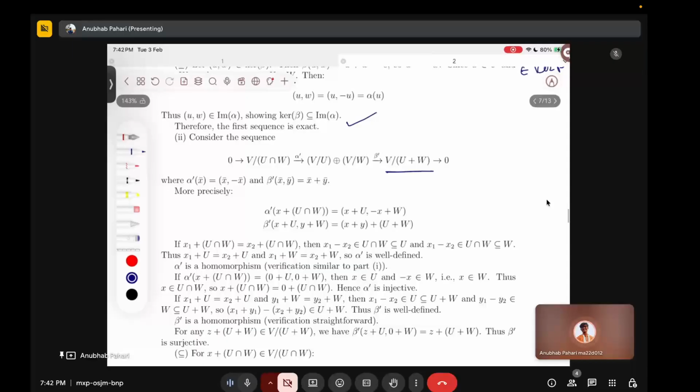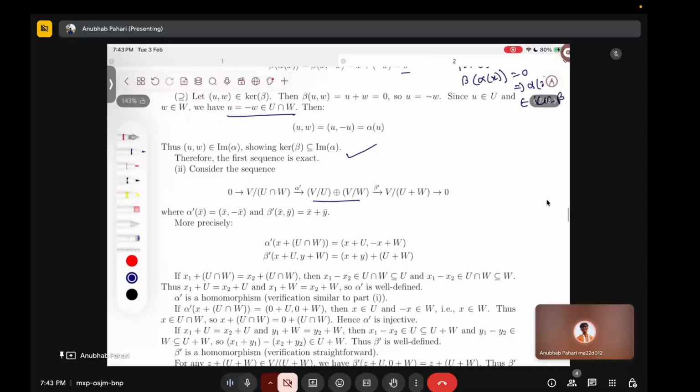So you are talking about this domain, right? Your inquiry is how it is formed? No, I wanted to know, is this isomorphic to V mod U direct sum W?